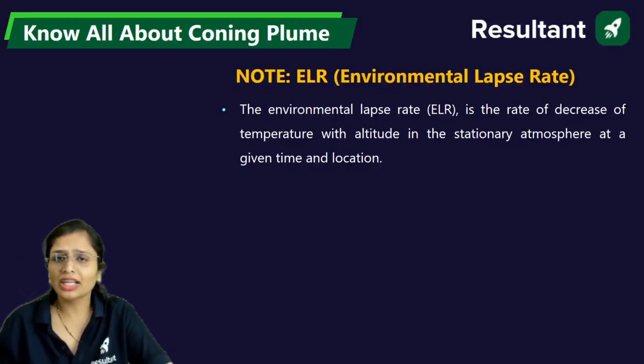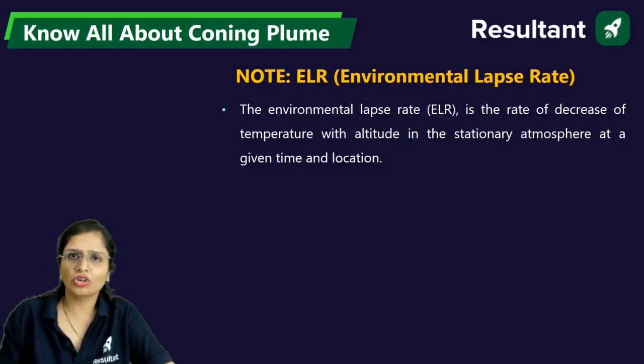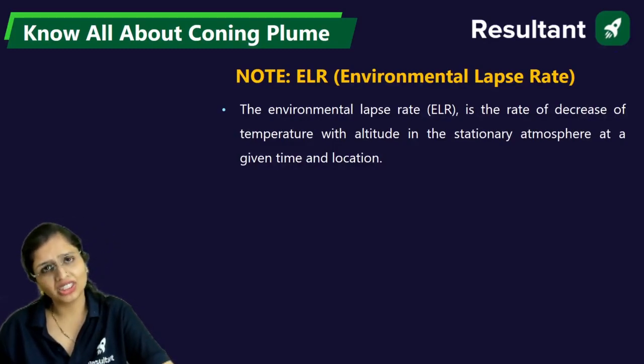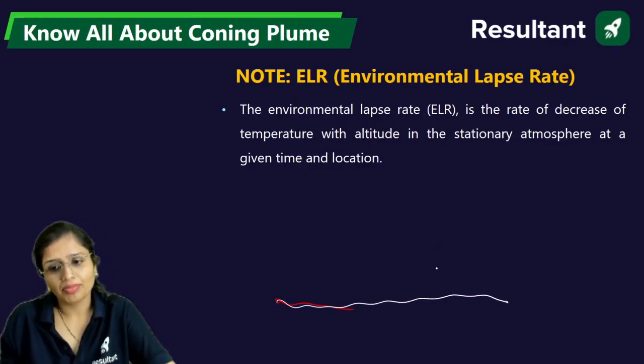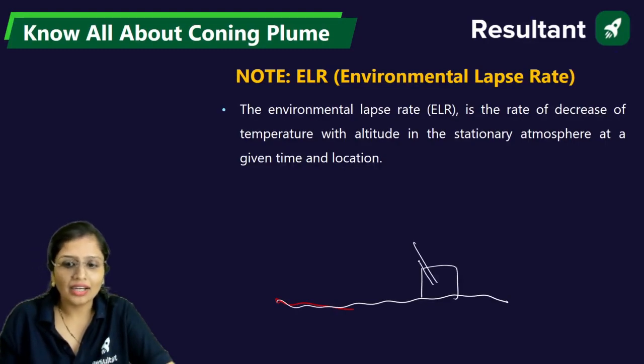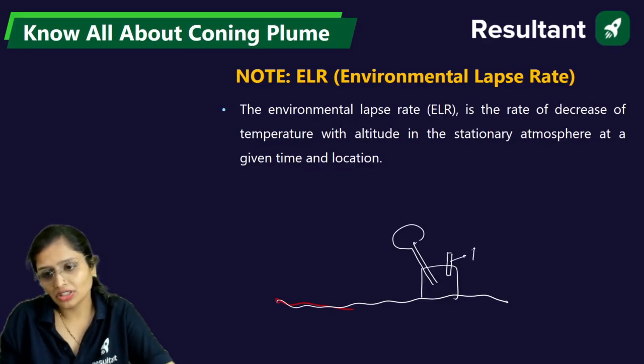Now you will ask me, ma'am, how could I know that with increase in altitude the temperature of air is decreasing? So guys, let us suppose the surface is there. You have put a balloon, and you have inserted a thermometer with it.